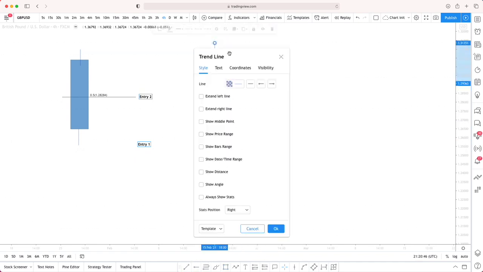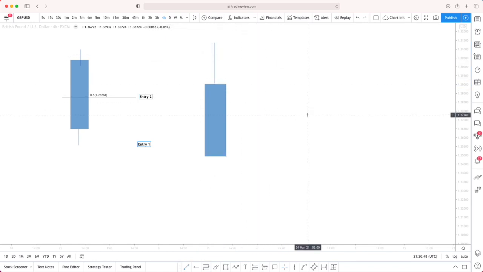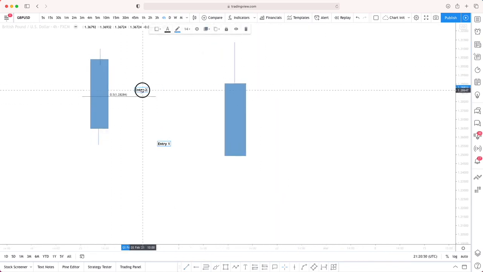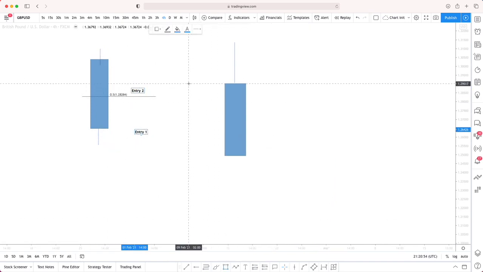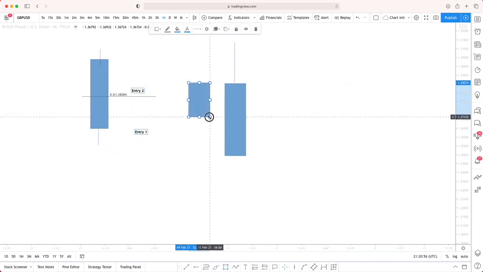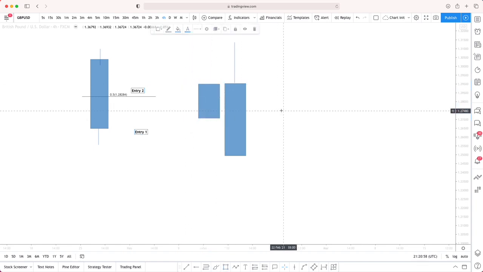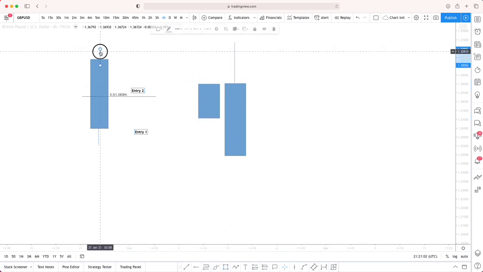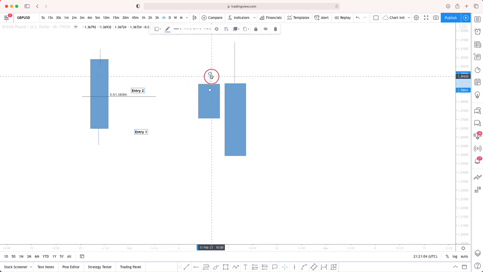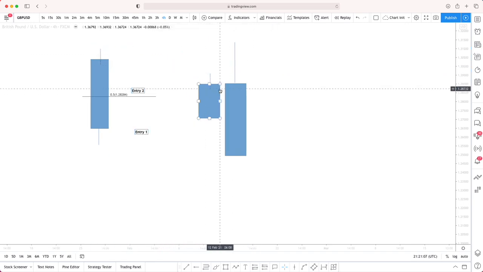Now, remember when I said you can sometimes get liquidity wicks, which have an OB in them. Say that this is your OB, but then you have a liquidity wick.